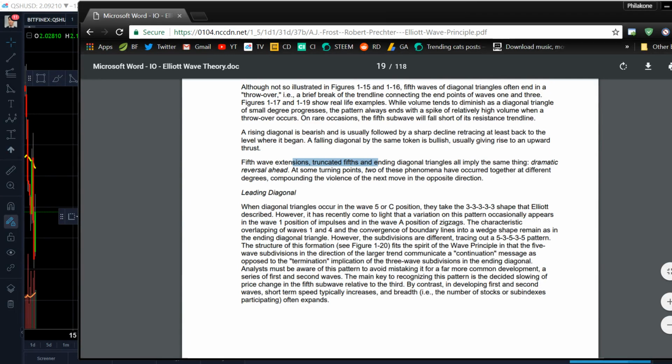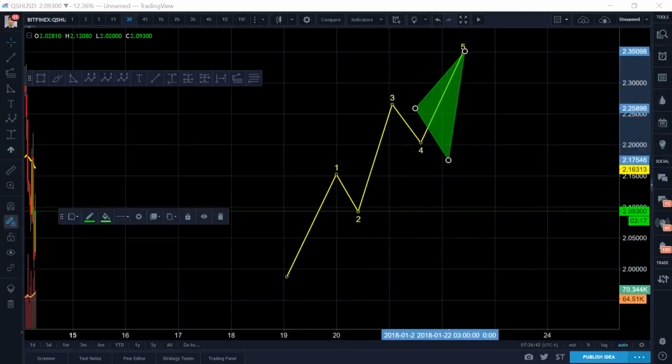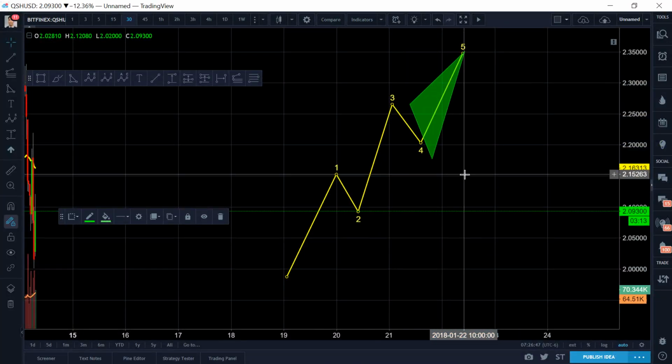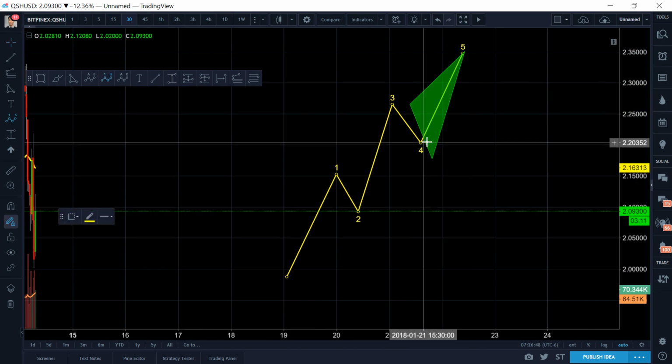Fifth wave extensions, truncated fifths, and ending diagonals all imply the same thing: dramatic reversal ahead. And this is an actual Elliott wave textbook, a condensed version with 100 pages. I've read a lot of these books. They're very interesting, and there's a lot of theory behind it to help us learn. And there's a lot of sub-rules as well that we have to learn.